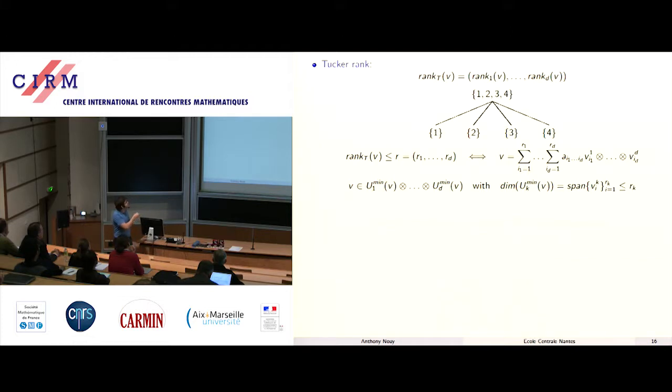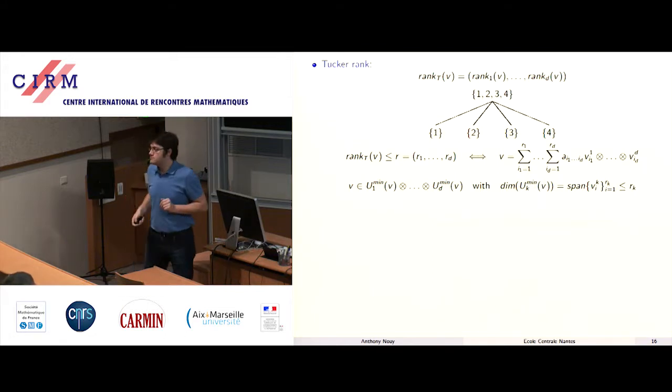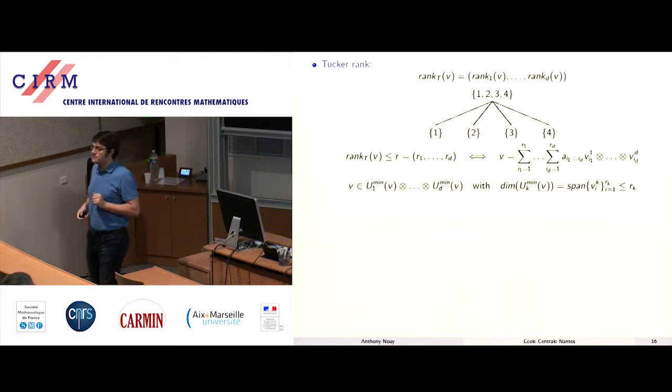You will bound the rank of your element with respect to the first dimension, the second, etc. And so an element with Tucker rank bounded by this tuple will be an element that can be written like this, a multiple sum of tensor products of univariate functions like this.